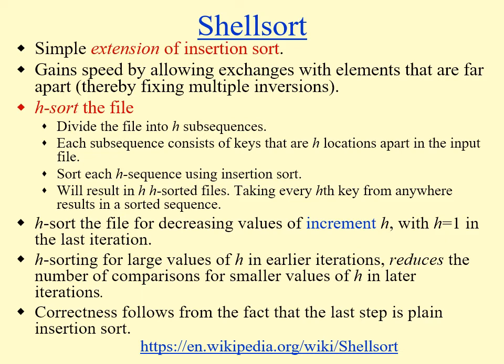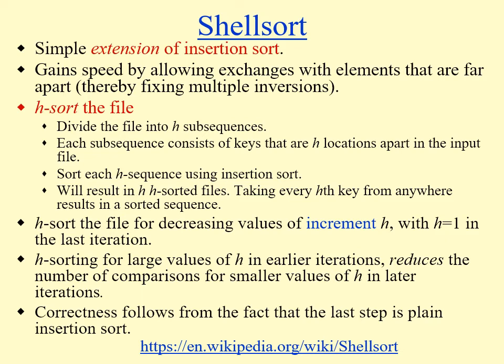For example, if h equals 5, the first one is A1, the second one will be A6, and the next one will be A1 plus 5 plus 5, that's A11. So 1, 6, 11, each two has a step of 5.